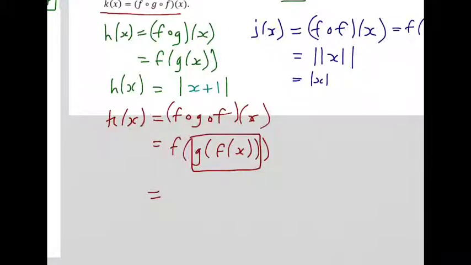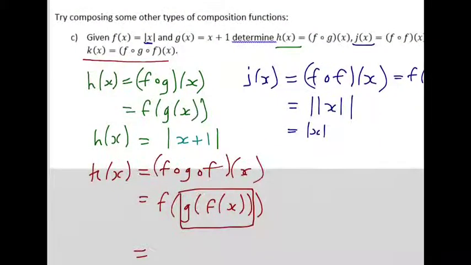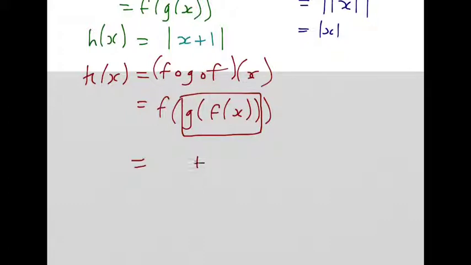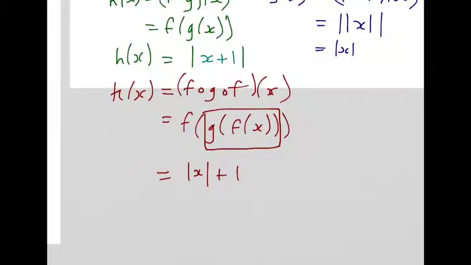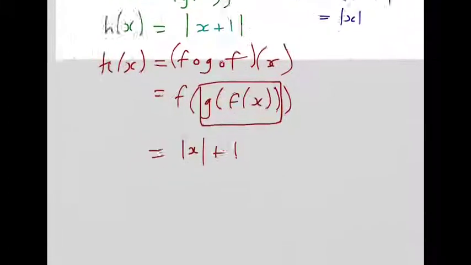So we start with g. That's x plus 1. And wherever I used to see x in my previous function, I replace it with f. So this would actually be the absolute of x. So then you place all that in, and then you put all of that inside of f, which is absolute of x.